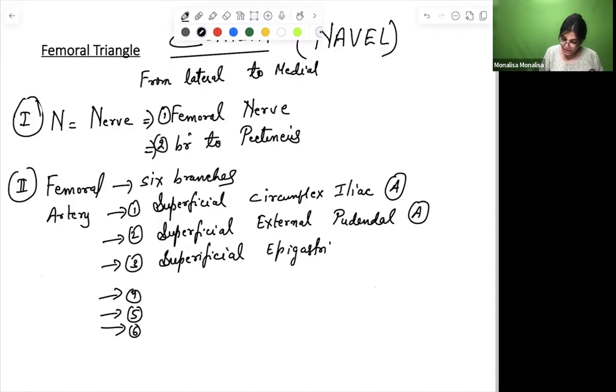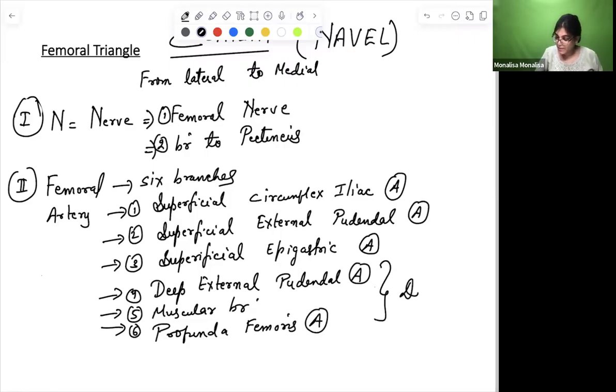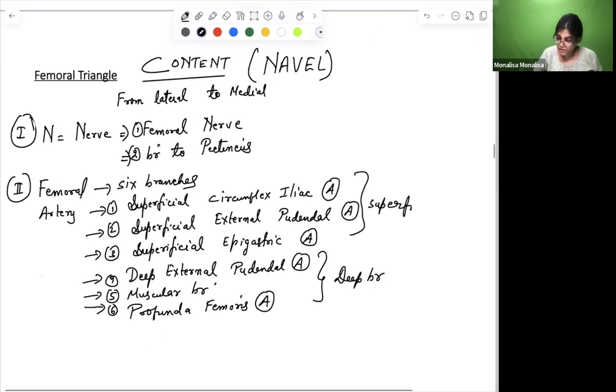Then the deep branches: deep external pudendal artery, muscular branches, and profunda femoris artery. Very important: these 3 branches are the deep branches and these 3 are the superficial branches of the femoral artery.